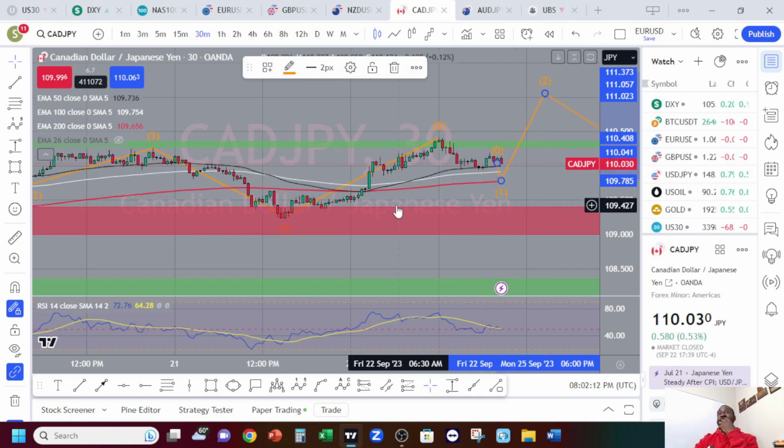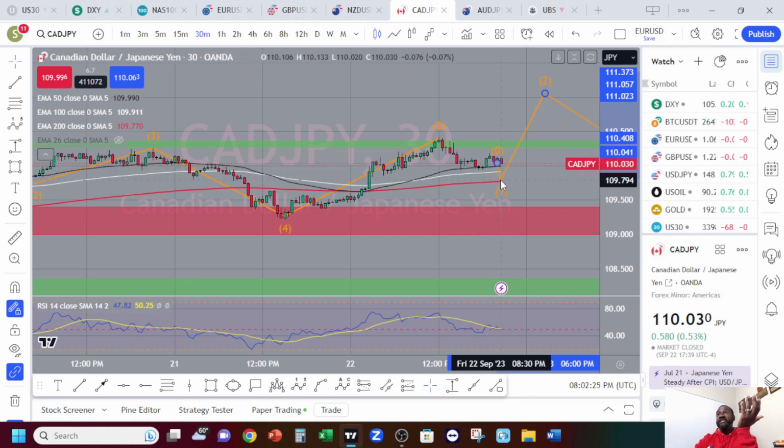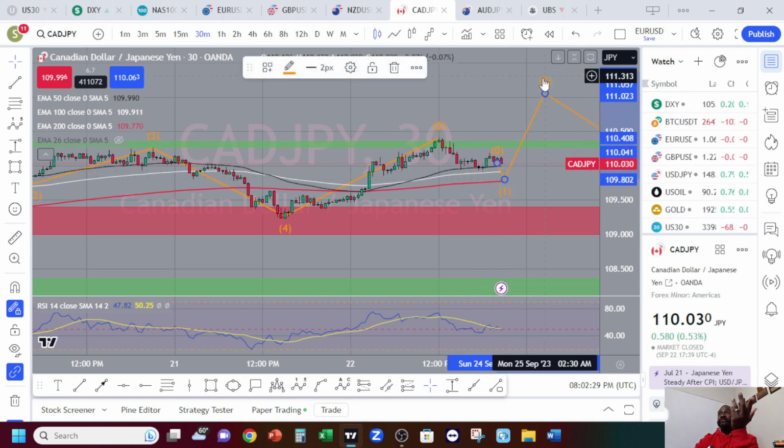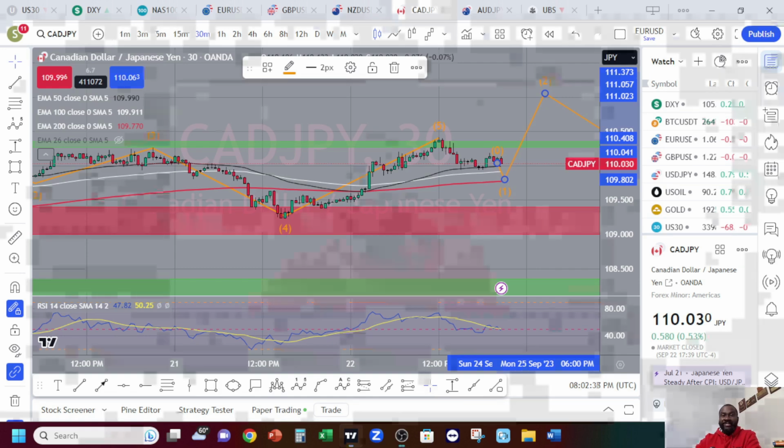That might be a possibility because we might have a rejection right here. It might touch the EMA, or it might not even touch the EMA. It might touch one of these two before it continues to go up. Most likely it will break this to continue going up. This is what's going on for CAD JPY, Canadian dollar versus the Japanese yen.